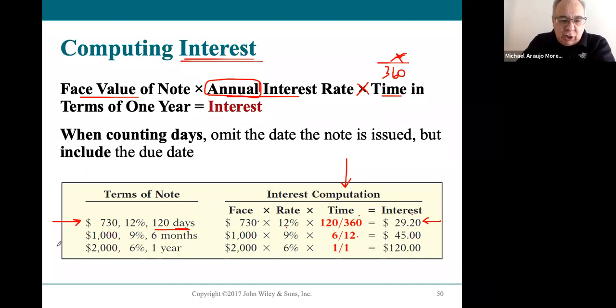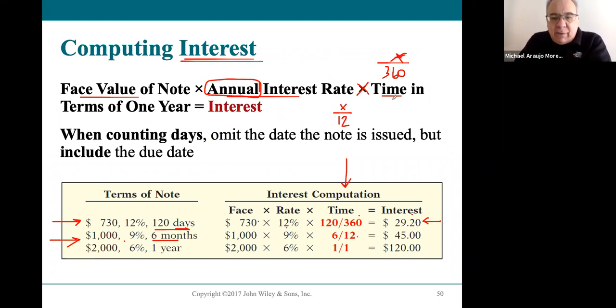Here, our second note is a $1,000 loan at a 9% interest for 6 months. When it's in months, we use the number of months on the top over 12 because there's 12 months to the year. Okay, so for days, the number of days over 360. For months, the number of months over 12.